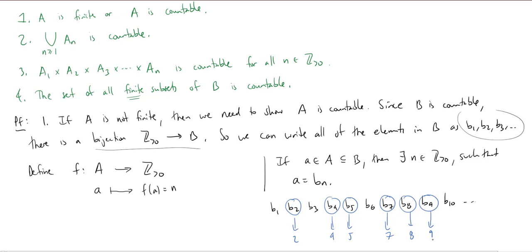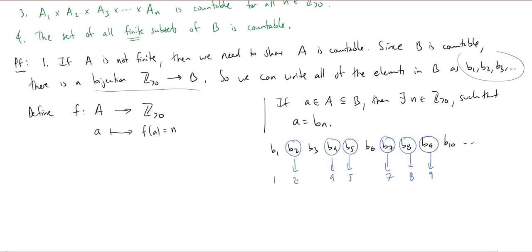Okay, so I now have a function that sends elements of A to the positive integers. And note, I can only send at most one element to a positive integer, right? So if I take 9 as my positive integer, b9 got sent to it. And that's the only element of A that could get sent to it. So in fact, the preimage of a positive integer is either, well, nothing, like 1, right? Nothing gets mapped to 1. Or the preimage has one element in it.